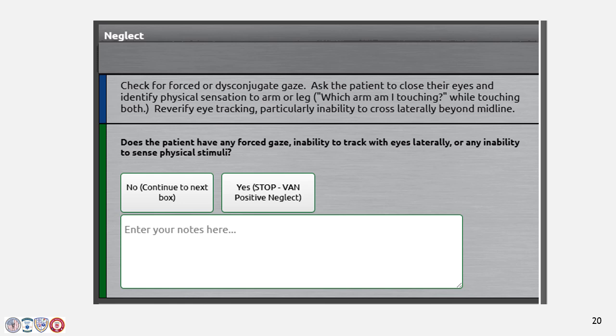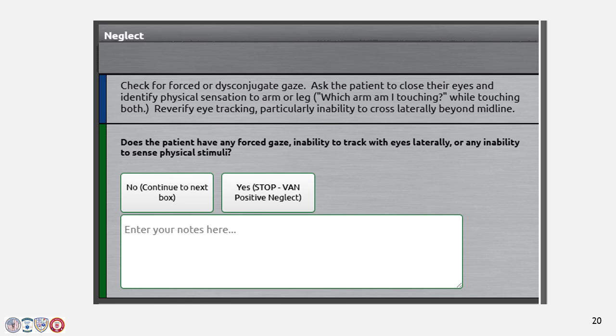And then neglect, forced or disconjugate gaze, close their eyes and identify which side a physical sensation or stimuli is on, and then verify eye tracking, particularly if you didn't do it in the vision part, checking side to side beyond the midline, then you would do so now. So abnormal findings are yes, stop because the patient is VAN positive.